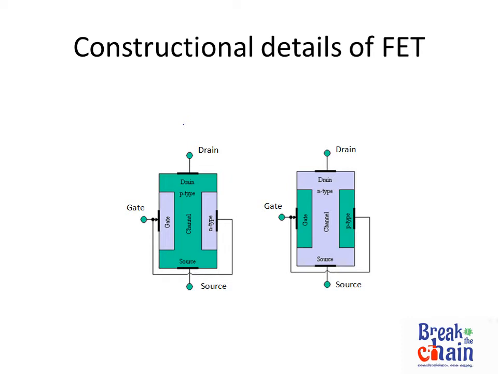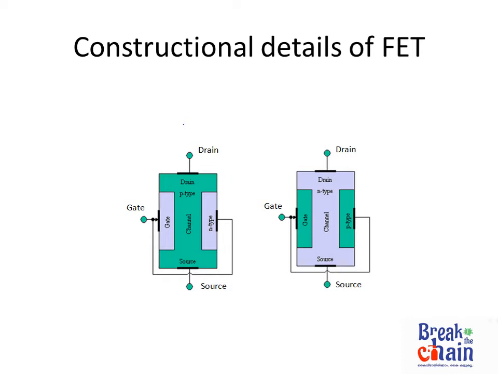And you can see that two types of materials are used here: P type material and N type material. And the gate materials are internally connected. That means the gate material, this N type and this N type, are internally connected. And the channel is called P type channel. So this is called a P channel FET, and here also you can see the channel is N type channel and the gate material is P type material.